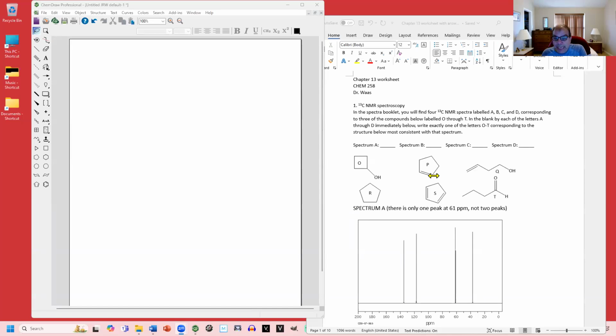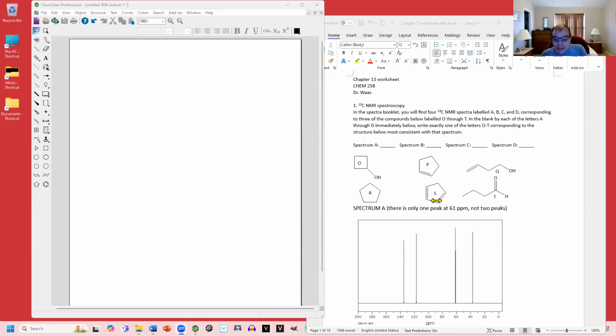As for compound P, the 2 vinylic carbons are the same. Those 2 CH2s are the same. That's another one. So we're up to 2. And then this unique CH2 here is a 3rd type of carbon. So there's 3 types of carbon in compound P. Can't be compound P either.